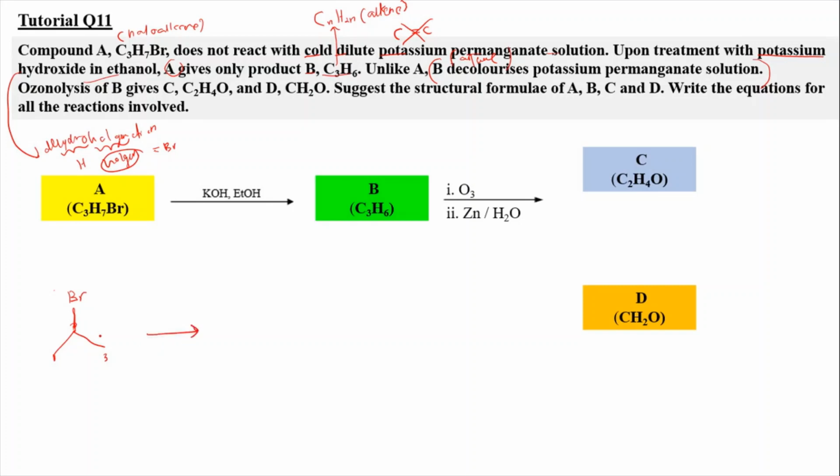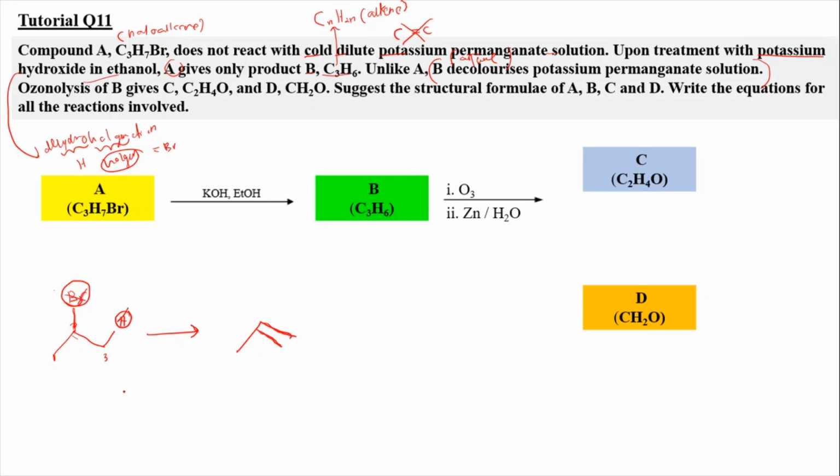When it undergoes dehydrohalogenation, I'm going to remove hydrogen and I'm going to remove my Br here. When this is removed, a carbon-carbon double bond will be formed, so I will get my carbon-carbon double bond here.